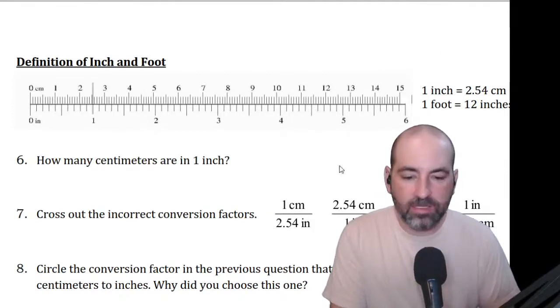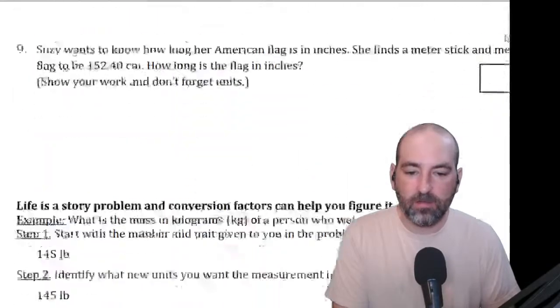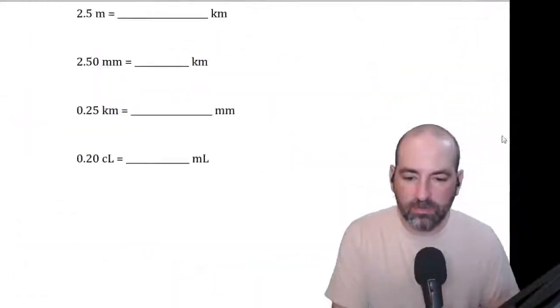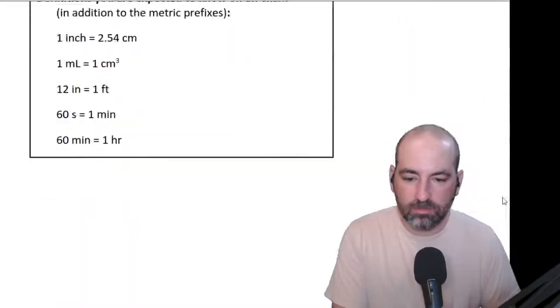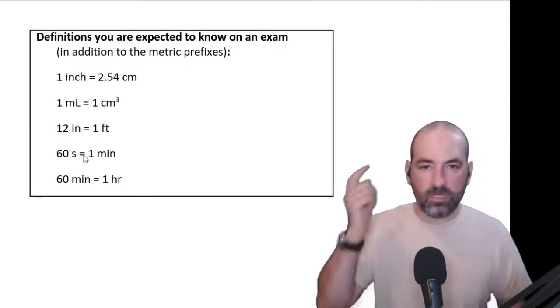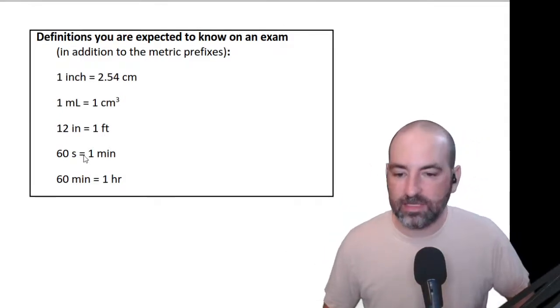We're going to use a lot of these different kinds of conversion factors, but just so you know, down a little ways in the worksheet here, you can see a nice table that tells you the ones that you need to have in your head for the next exam.